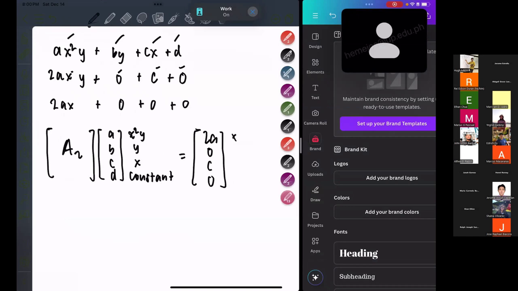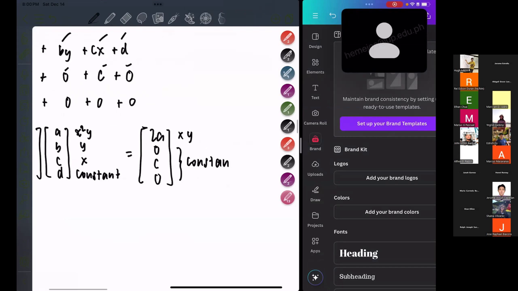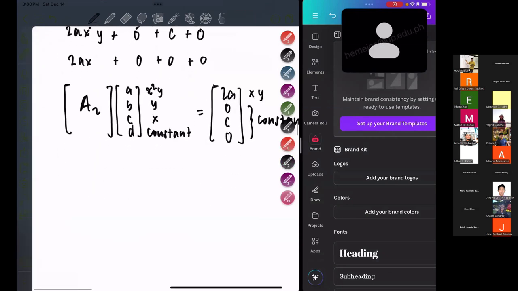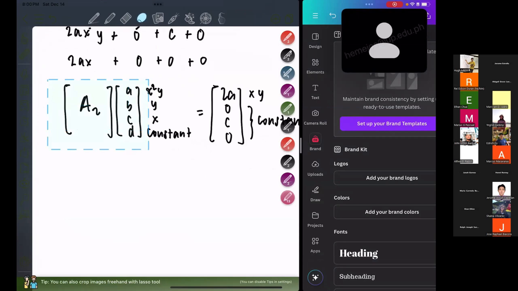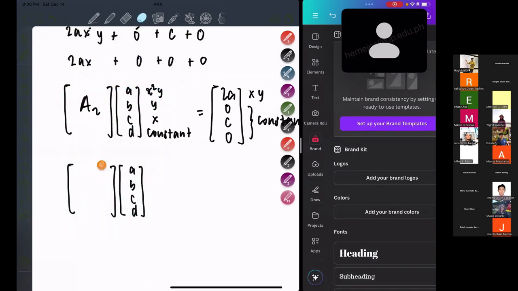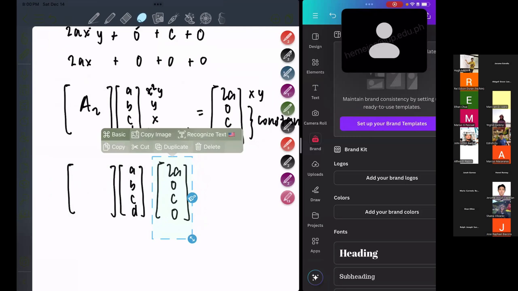Now this is xy. Then we don't really have to mind that it changed. That's just normal constants, especially since we're differentiating. So now, what we can do is equate these two together. Now what you'll end up with is this.